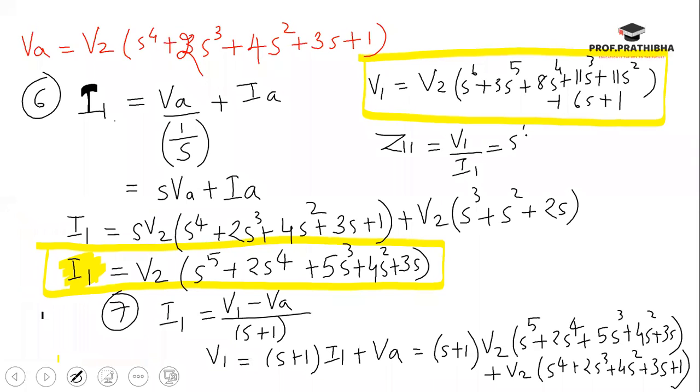So you will get S raised to 6 plus 3S raised to 5 plus 8S raised to 4 plus 11S cube plus 11S square plus 6S plus 1 upon this entire function, that is S raised to 5 plus 2S raised to 4 and so on. Clear है क्या? Ladder network समझा क्या?